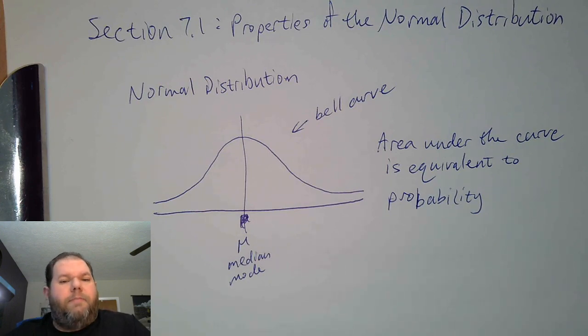But to kind of sum up, the area under the curve represents 100% of the probability.